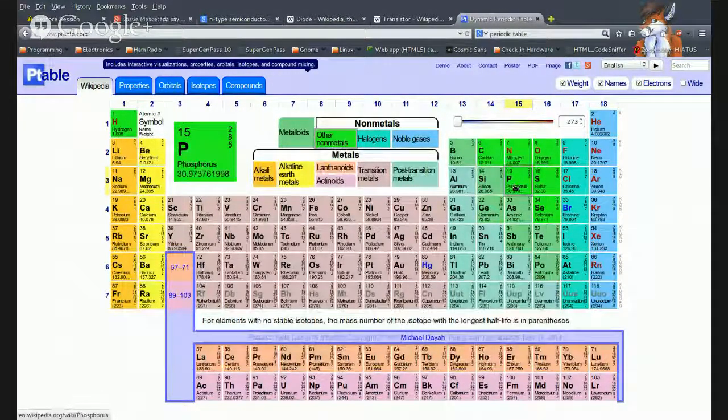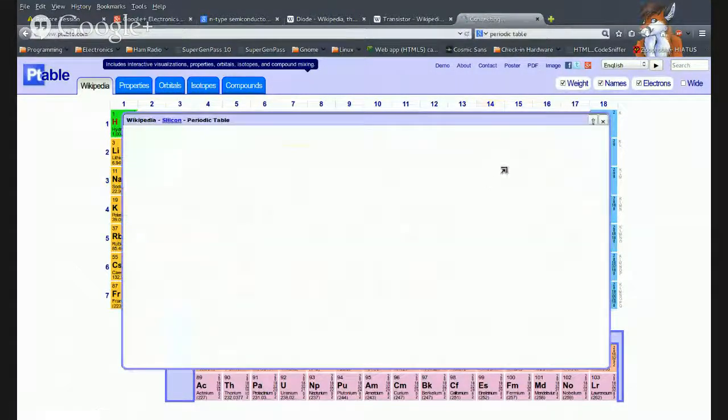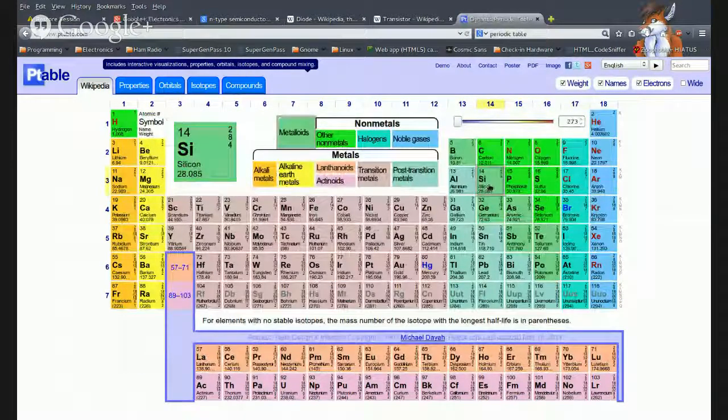And phosphorus has one extra electron than silicon. So that'll allow for the free electrons. We have enough free electrons bouncing around in the silicon to carry a negative current. So that is what we call n-type.